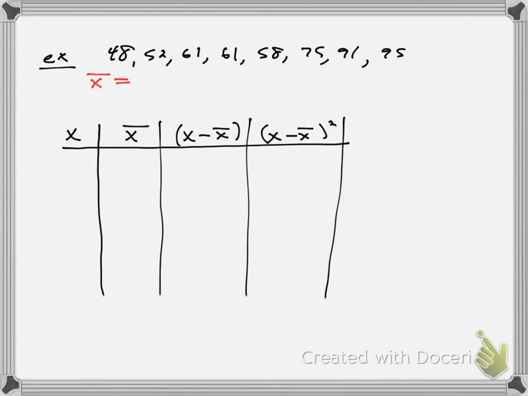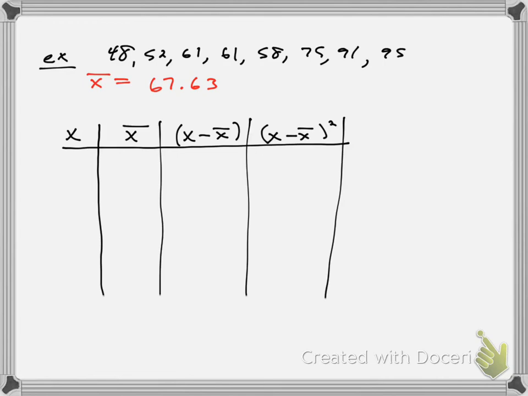That's going to be the sum of all these, which on my calculator I'm just going to add up quickly. 48 plus 52 plus 61 plus 61 plus 58 plus 75 plus 91 plus 95, and divide that by how many there are. 1, 2, 3, 4, 5, 6, 7, 8. There's 8 of those. So rounding to 2 decimal places, my mean is 67.63.